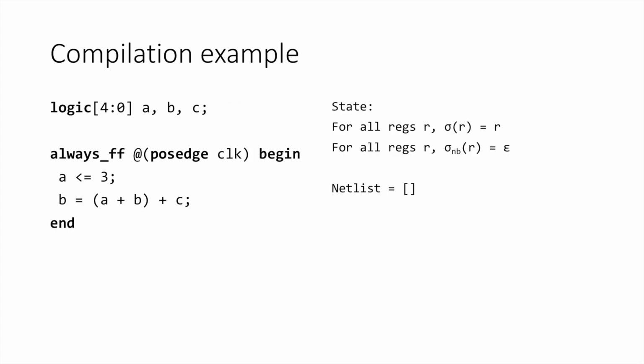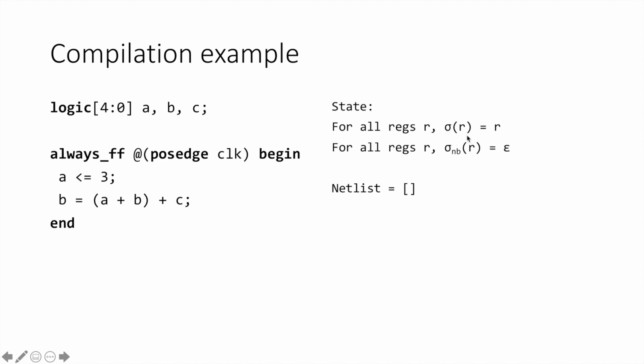And we can also think about a concrete example of how we compile a simple Verilog program to a netlist. Remember that in the semantics we have two environments for variables, one to keep track of blocking assignments and one to keep track of non-blocking assignments. And it's similar in the compiler.